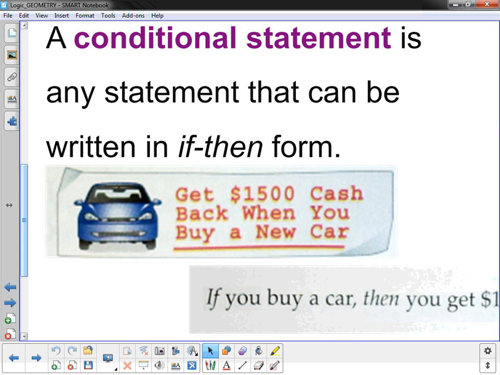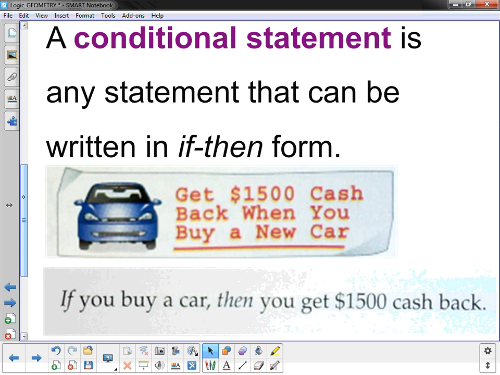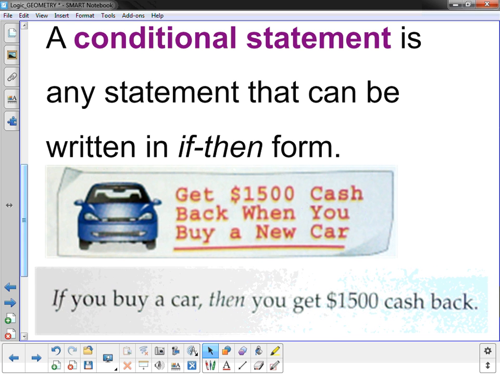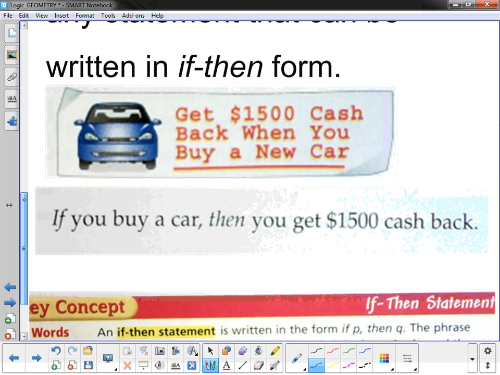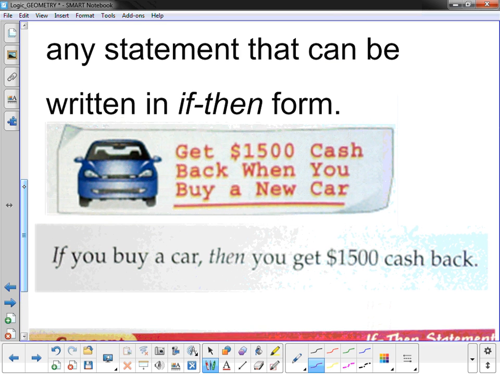Well, let's see. If you buy a car, then you get $1,500 cash back. That is an if-then statement. And that's the way that works, if we can put it in that. Now, what does that mean? Well, it means you have to buy a car before you can get $1,500 cash back. You don't get the money back unless you buy the car.